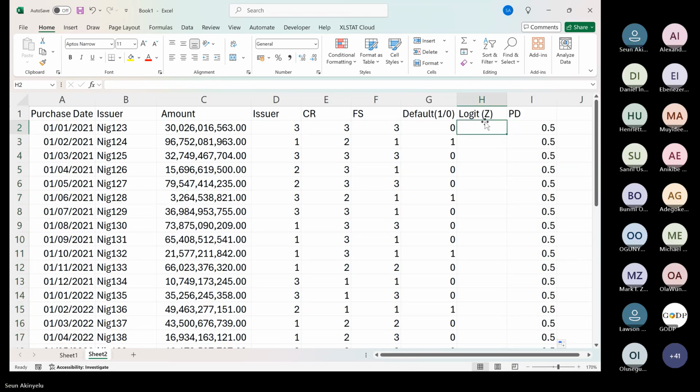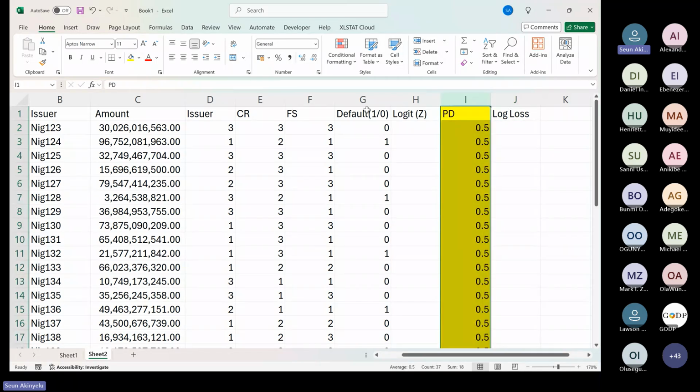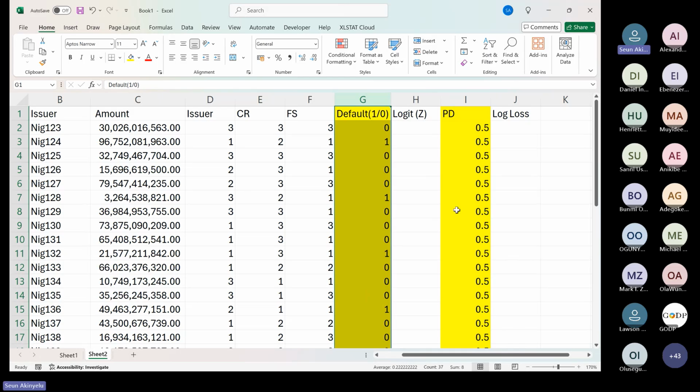Now, even while here too, let me also put in another major thing that I need to put in before I now go and calculate logit. So I've not calculated PD yet, so I can't just use 0.5. Now, next thing I need to bring in is log loss. Log loss is the deviation between calculated PD and default or no default. What do I mean by deviation?